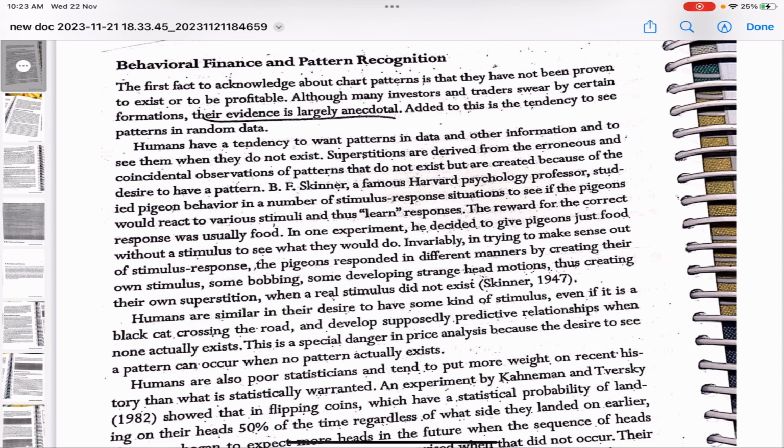This is a very popular argument, where they say that sometimes there's no pattern in the chart, but since we are programmed that way and we really want a pattern, we just start to assume and say that this is a pattern. That's what is very subjective about patterns, right? What might be a triangle to me might not be a triangle to you. Something which I can see visually, you might not see.